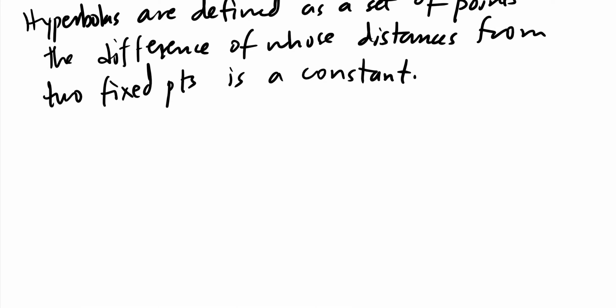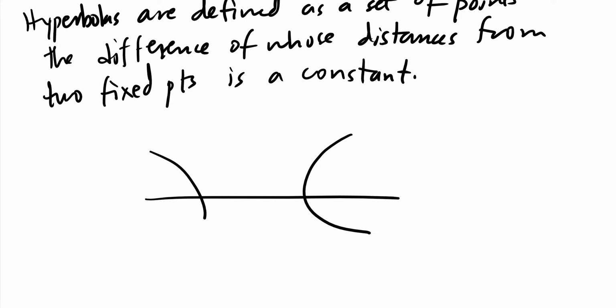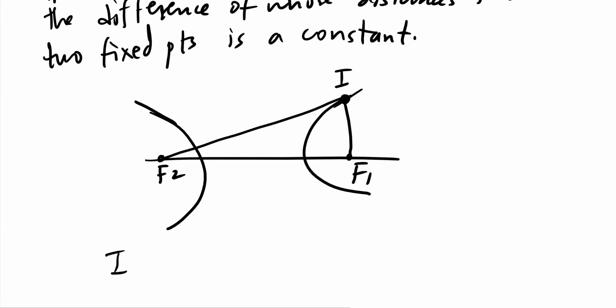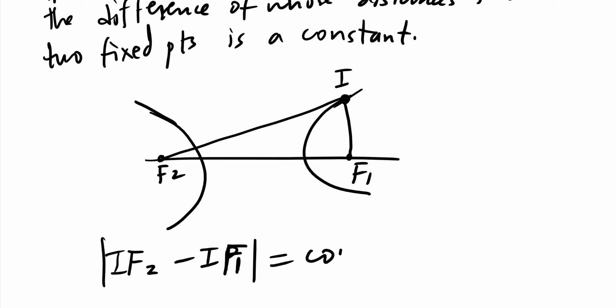So what does it say here? Let's look at hyperbolas like this for now. If you pick any point on the hyperbola, call these F1, F2 as foci. The difference between this distance and this distance, let's say |PF2| minus |PF1|, and you usually put an absolute value, it's constant.